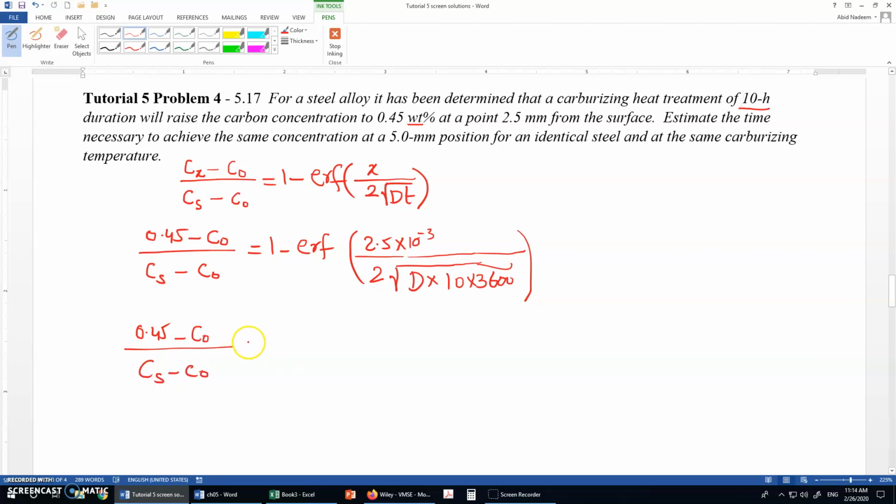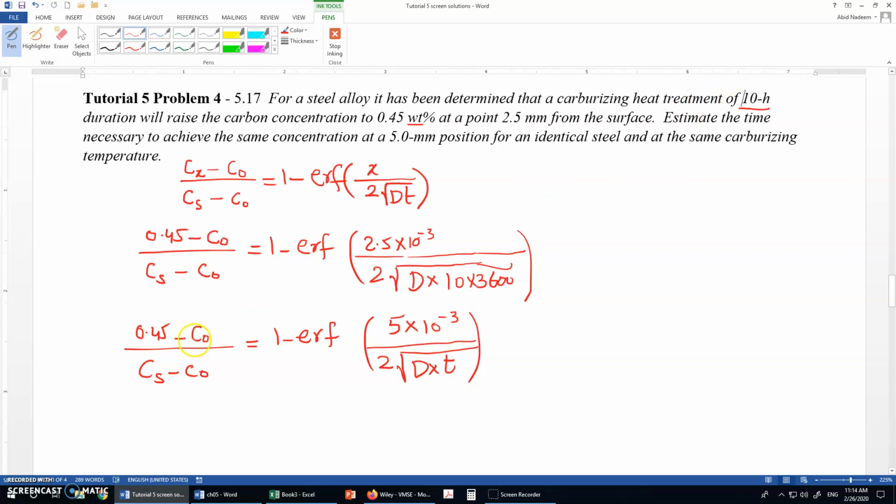And this is equal to 1 minus ERF of 5 into 10 to the power minus 3, divided by 2 root D t, because we don't know the time, we need to find the time.